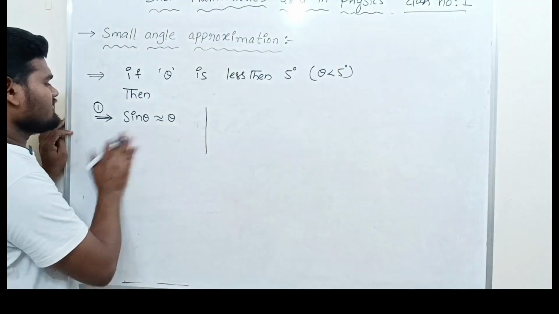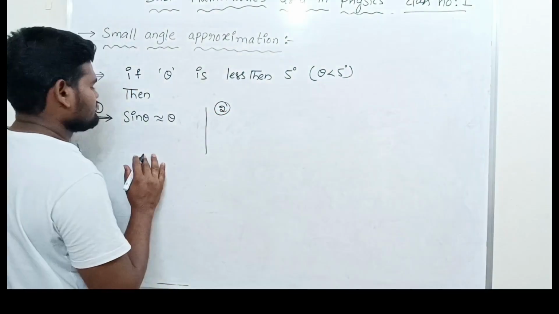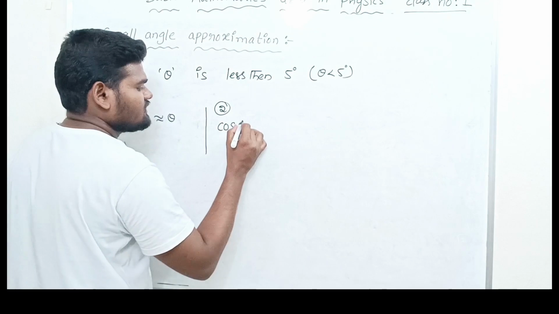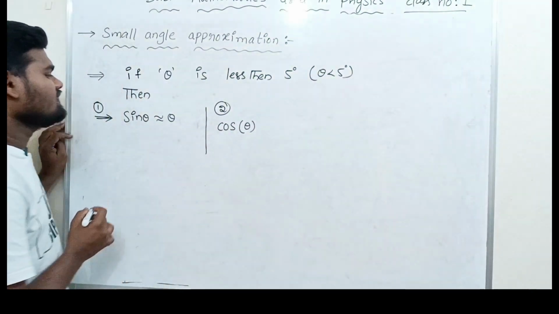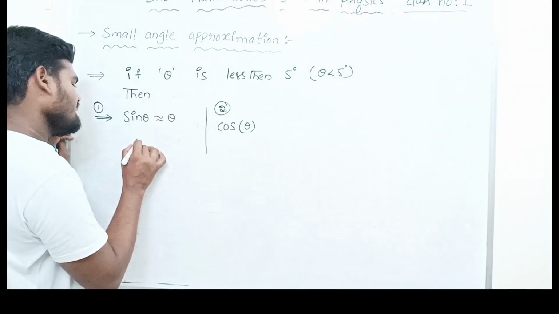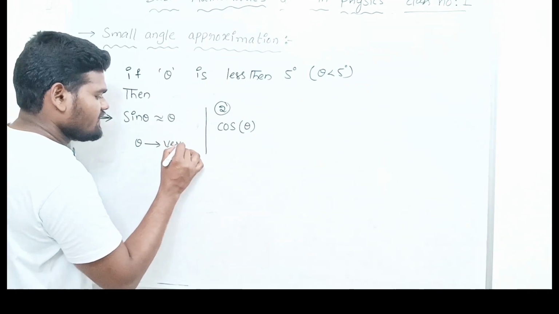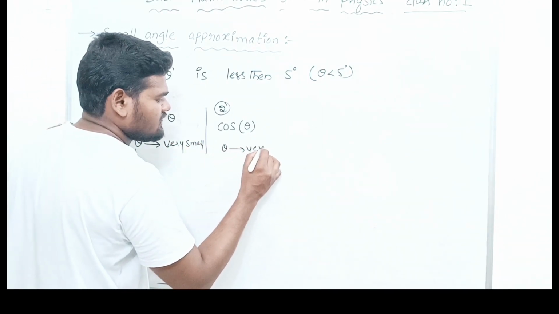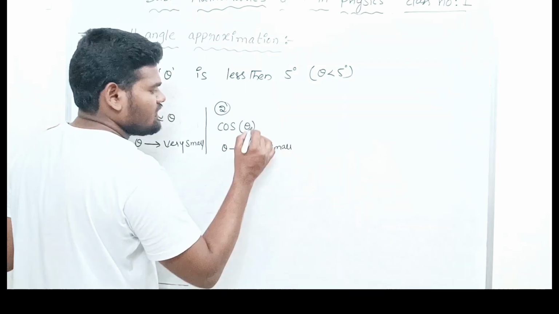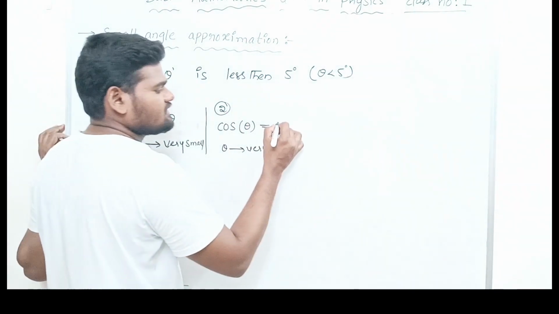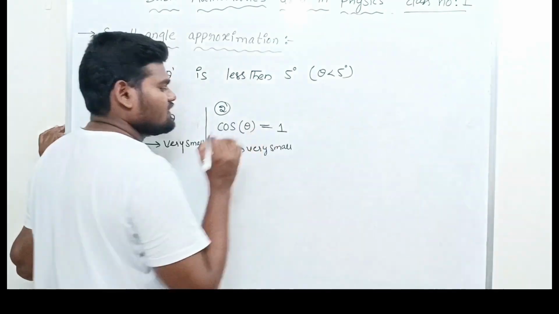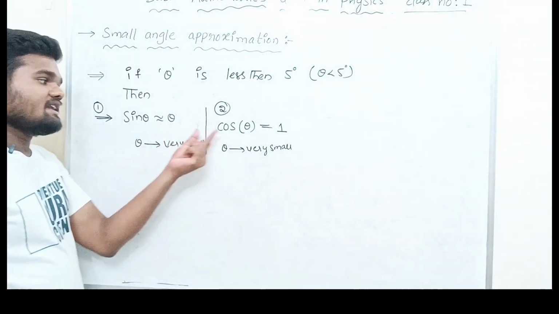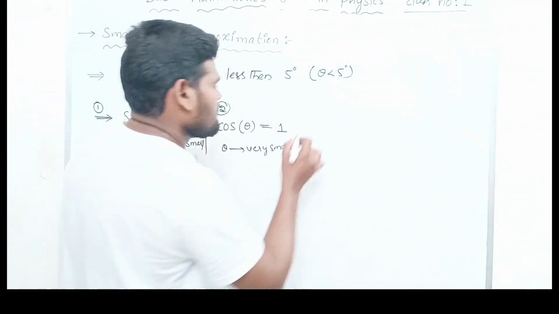Second one, cos of theta. Here theta is very small. Then cos theta becomes 1.